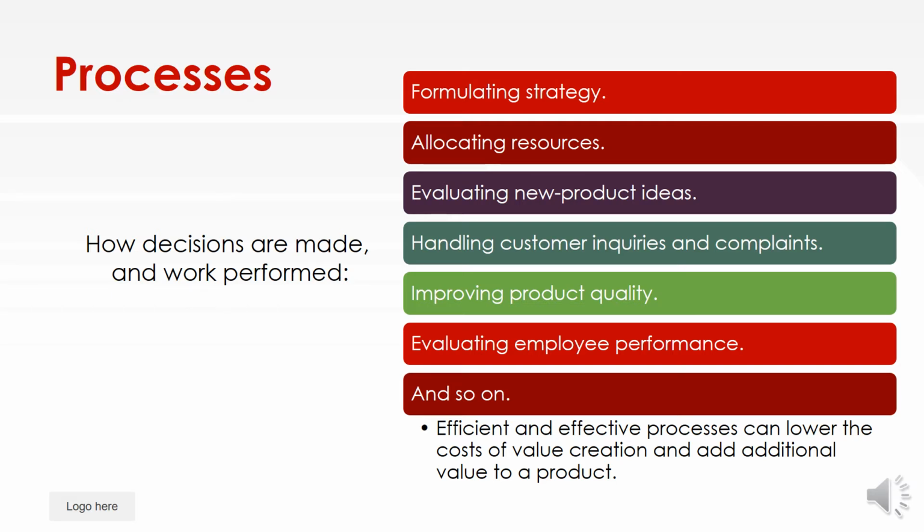Process is how decisions are made and work is performed in international business. It starts with formulating strategy, allocating resources, after that evaluating new product ideas, handling customer inquiries and complaints. After that, you can improve product quality from inquiries and complaints, evaluating employee performance, and so on. Efficient and effective processes can lower the cost of value creation and add additional value to a product.